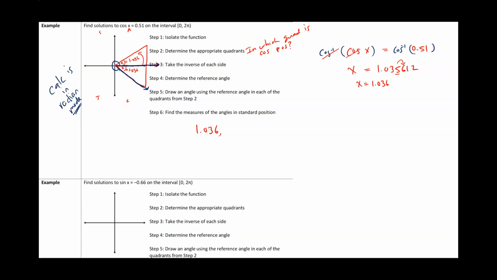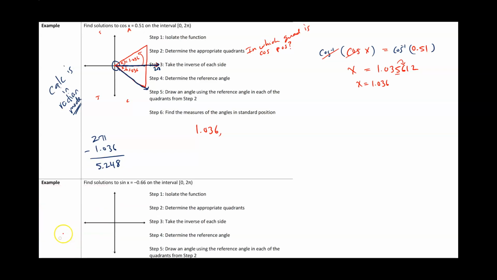Now here's what I know. I know the whole thing, if I make a full circle, it's equal to 2 pi. But I don't want the whole thing. I just want from purple to purple. Now I want this portion right here. So I don't want the 1.036. So if I take 2 pi, which is a full circle, and subtract off the 1.036 in my calculator, that's going to give me 5.248 radians.